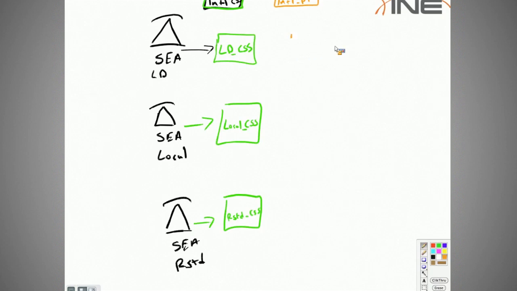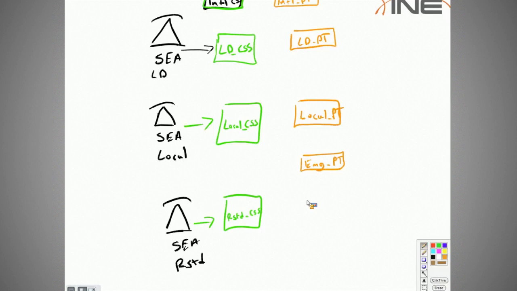Got a concept, local, emergency, internal.